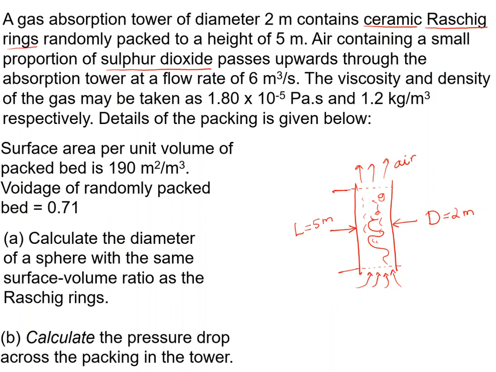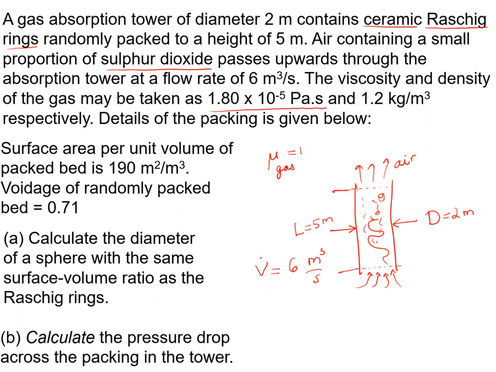So what is the volumetric flow rate? I will just write it here: V dot is equal to 6 meter cube per second. The viscosity and density of the gas may be taken as 1.8 times 10 to the minus 5 Pascal second. This is the viscosity of the gas.